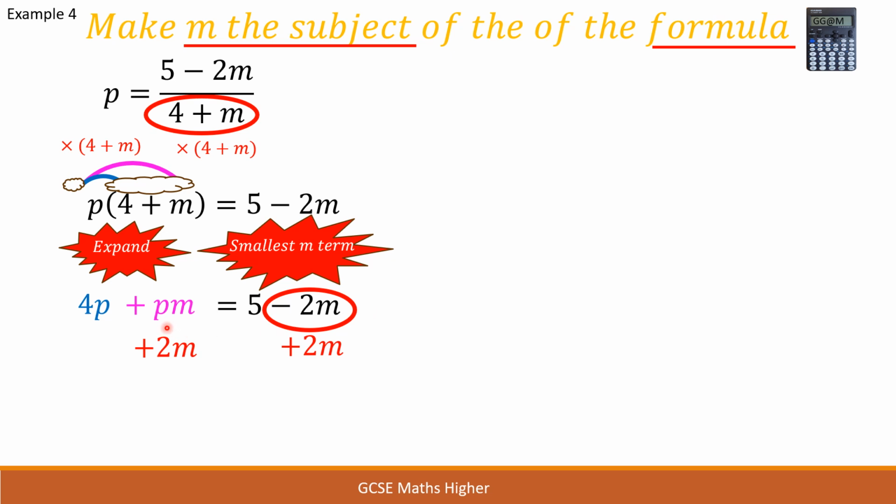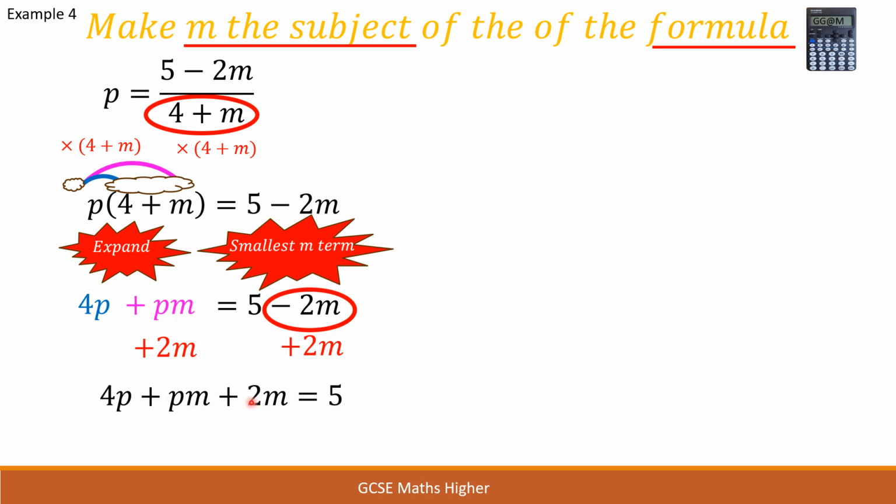So when I add 2m to the left-hand side, I literally write down what I've already got, 4p plus pm plus the 2m, and then that is going to equal the 5 because these 2m's here cancel out. So it's what you've just seen, the 4p plus the pm plus the 2m is equal to 5.